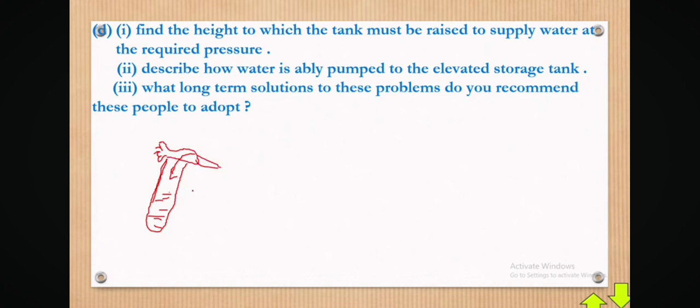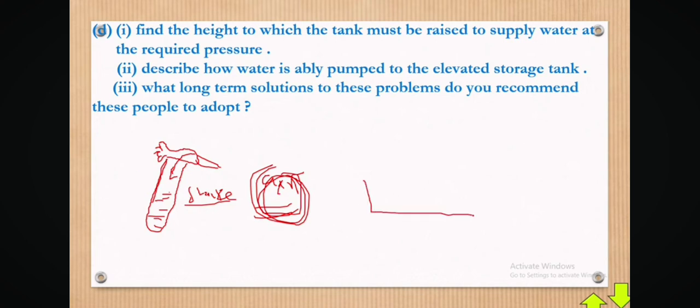Then you shake. Why do we shake? We shake to remove any air which is inside there. Then you get another trough. You come and now invert this. That's a simple description.